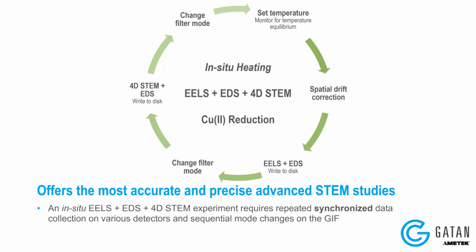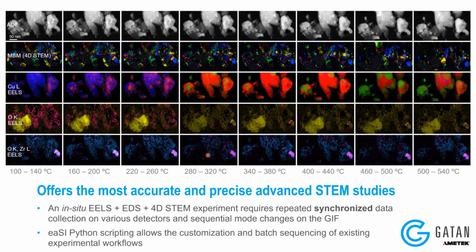EASY Python scripting enables and simplifies such a complicated multimodal, multidimensional data acquisition via customization and batch sequencing of the existing workflows in Digital Micrograph software for STEM spectrum imaging.